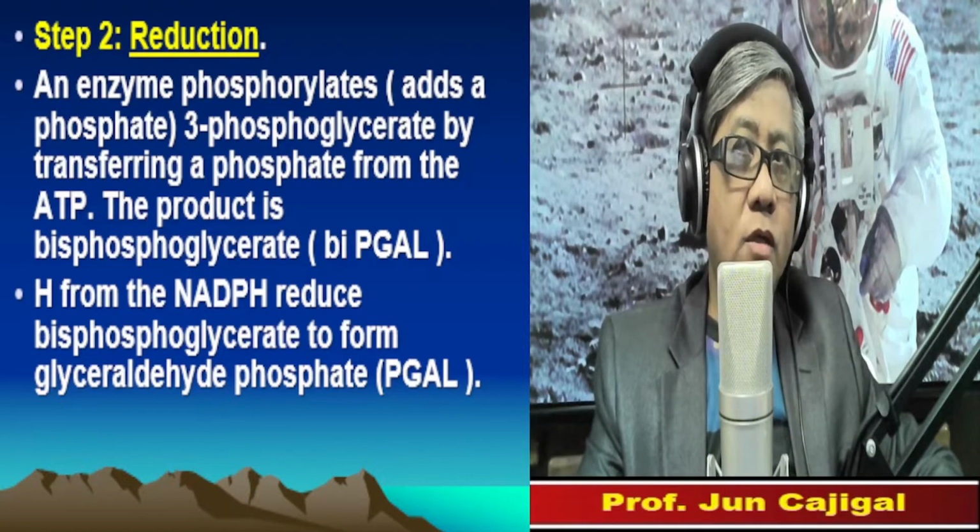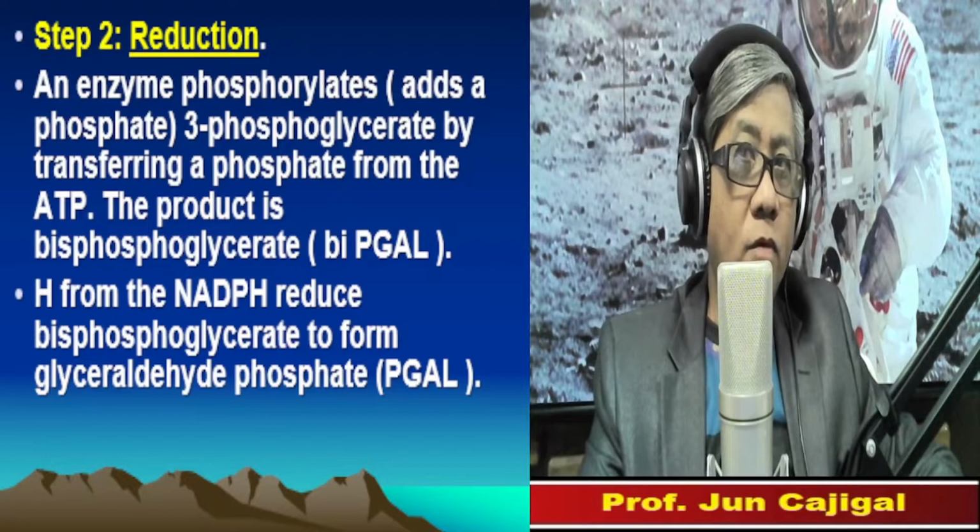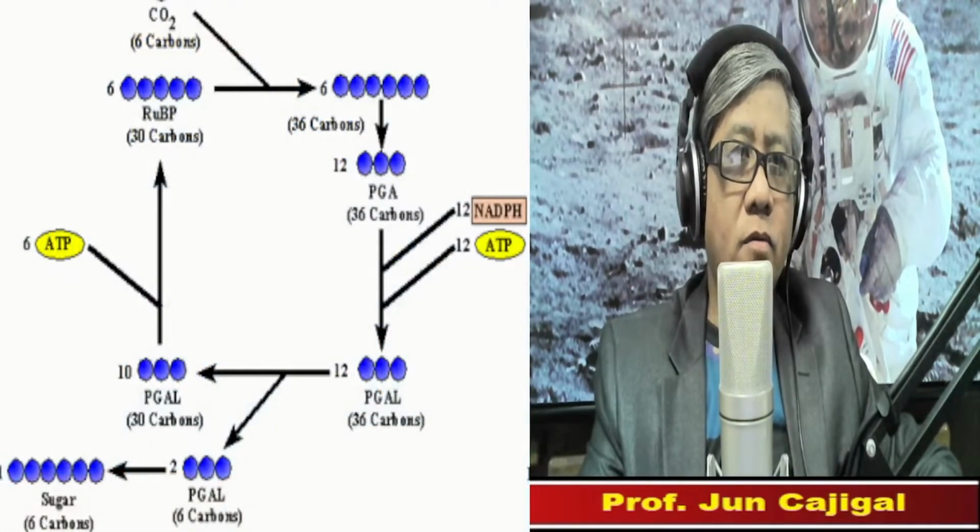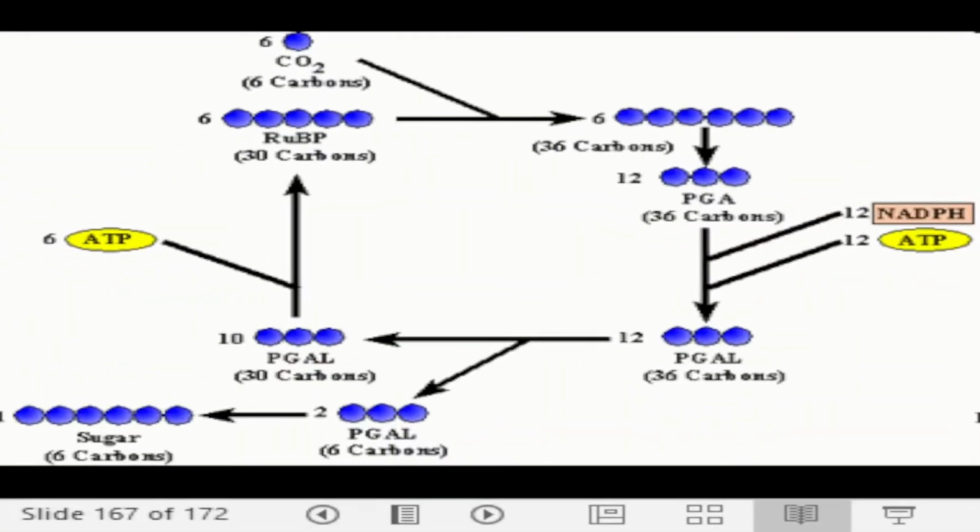So again, PGA reacts with NADPH and ATP from the light reaction. Now let's take a look at this diagram again. Now what happens to PGAL or phosphoglyceraldehyde? Actually PGAL is the final product of the Calvin cycle. But again, PGAL is really useless for the plant.